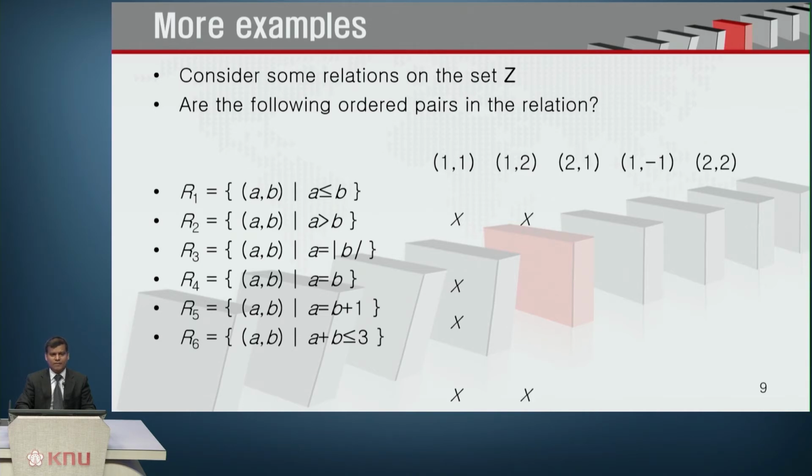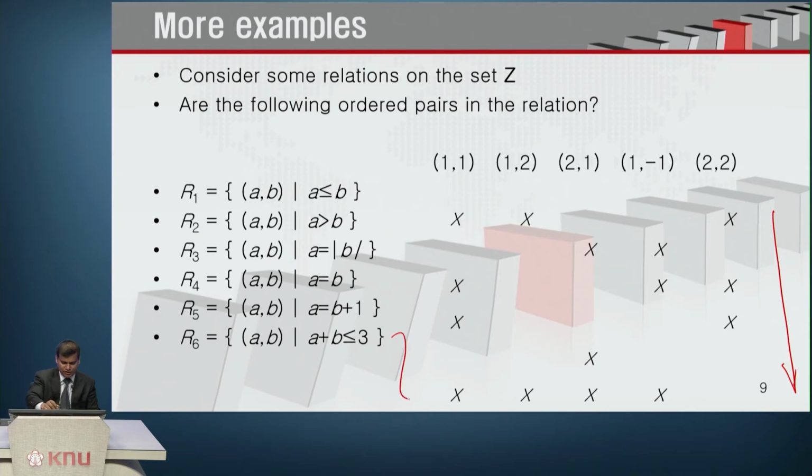So as you can see here, we can check all these various relations in which a and b are applied. As we move along, for example, if you look at R6, it says a plus b is less than or equal to 3. So this condition, you can see how it signifies the whole thing. In fact, on your right, this has gone one step further.